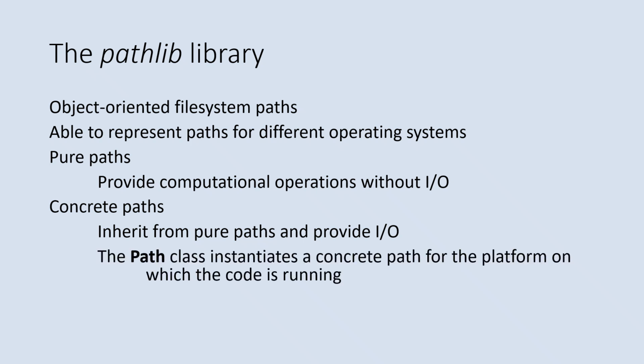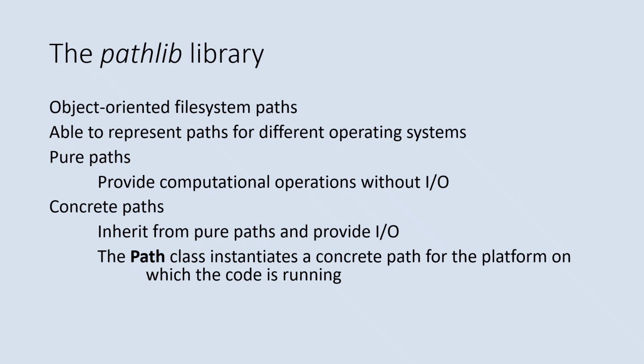So the Path class creates an instance of a concrete path for the platform on which the code is running. You run the same code on one kind of computer or a different kind.